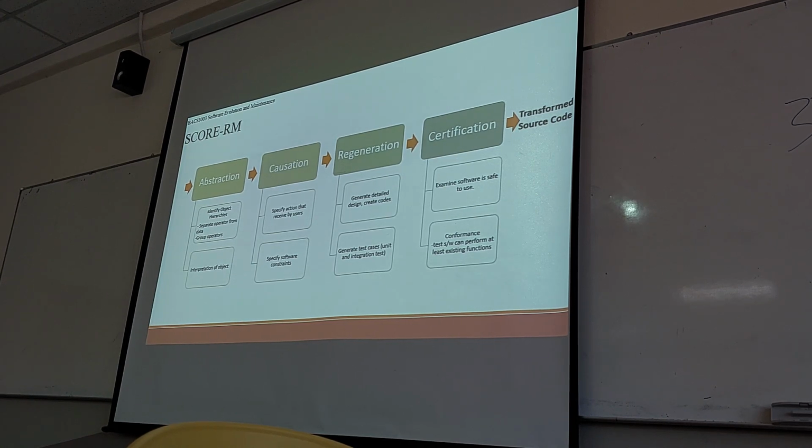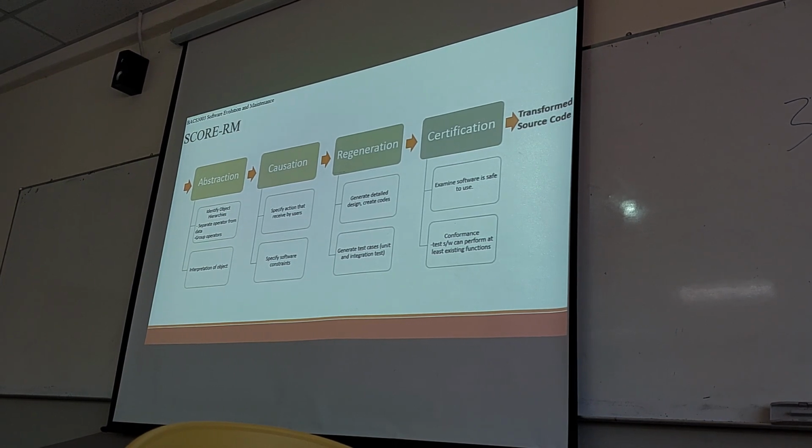Then regeneration: from what you have obtained, you start to regenerate the detailed design from the abstract model. This is the forward engineering already, and generate the test cases to test the new system.